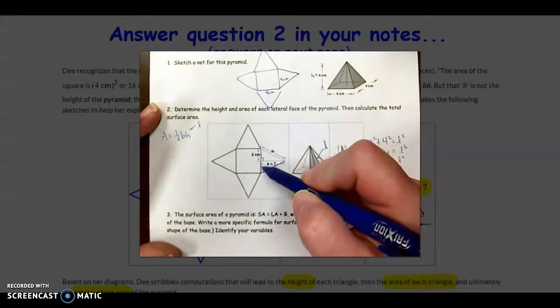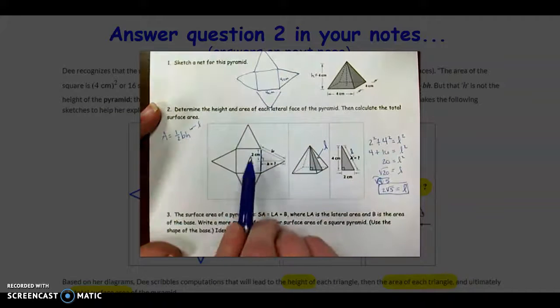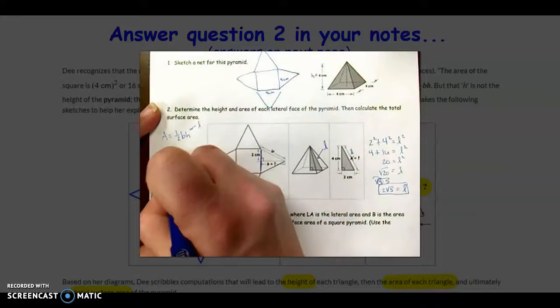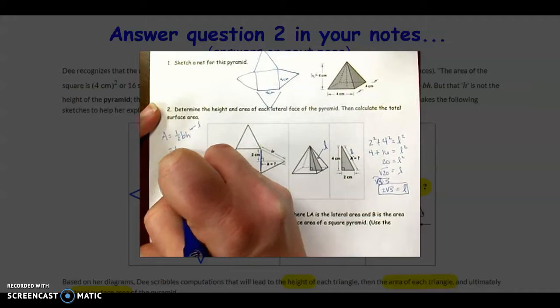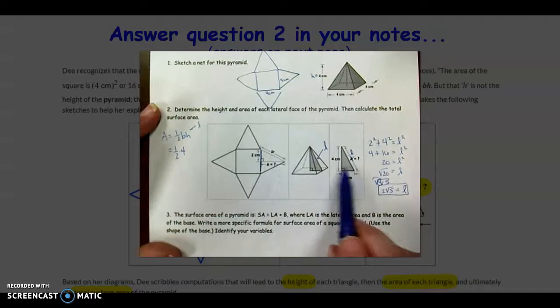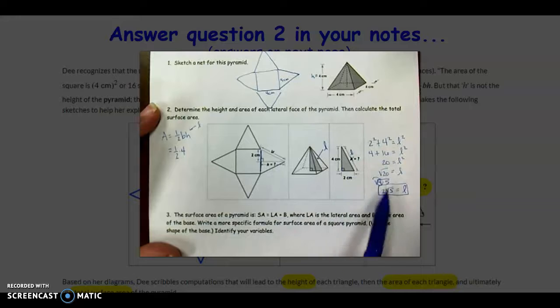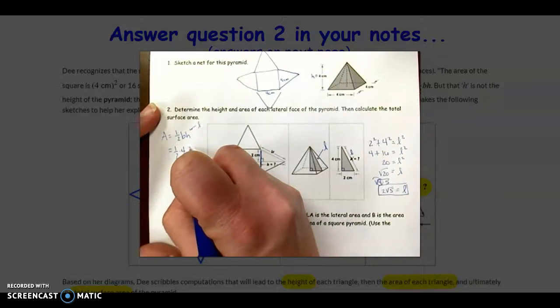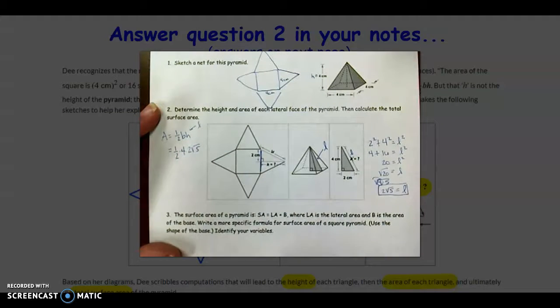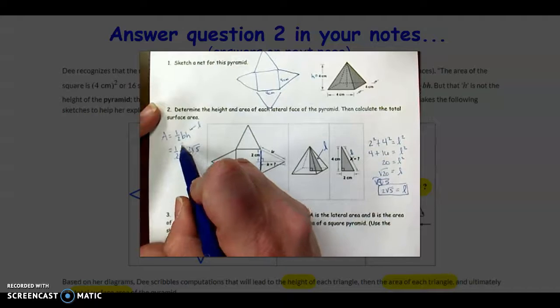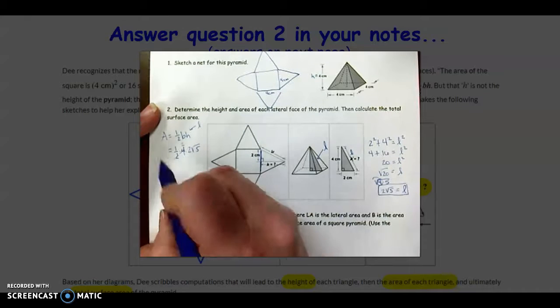So the base of that triangle was given to us because that was the side of the square. It was 4. And then the height of the triangle was the slant height we just found, which is 2 square roots of 5. So we know half of 4 is 2, and 2 times 2 is 4.